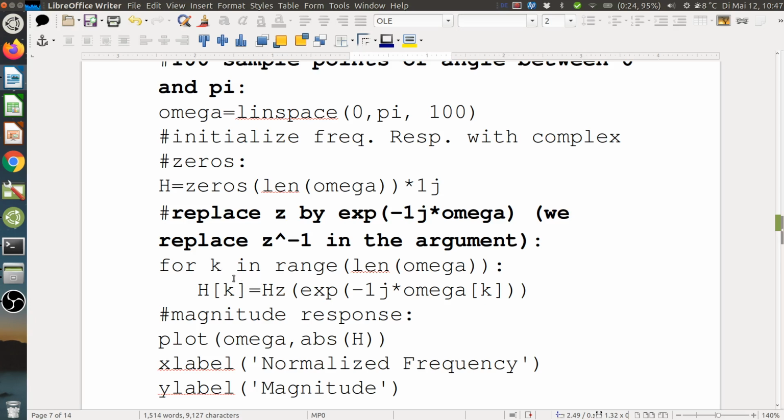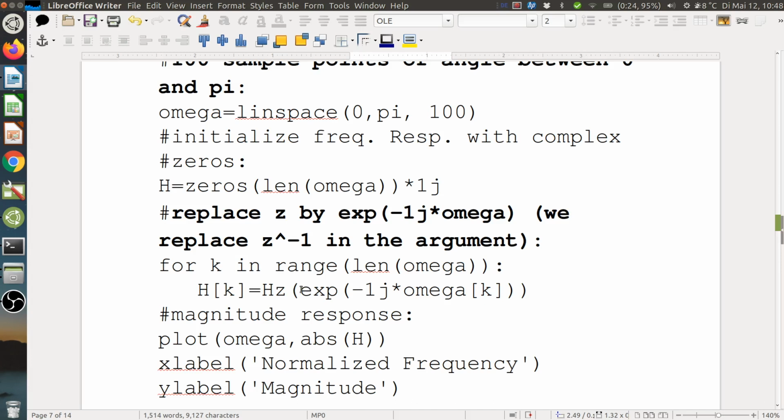And then here I have my z-transform h, and here instead of z, or z to the minus 1, I replace it by e to the minus j omega of k. Remember, k is my index for this angle. So this represents my samples between 0 and pi.